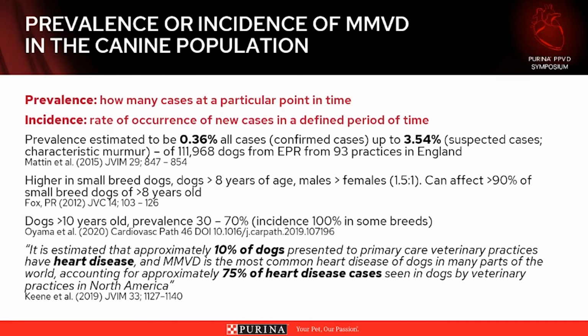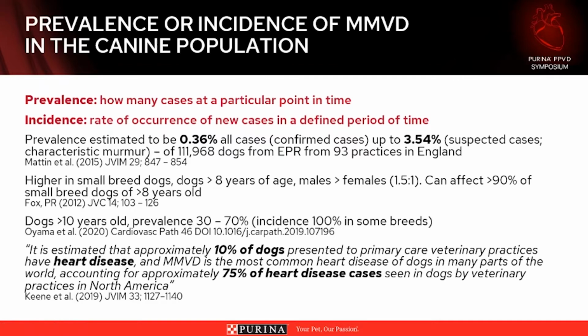So this is all ages with confirmed cases, but going up, cases with characteristic heart murmurs were 3.5%. So clearly we all are aware that this is more common in small breed dogs, and it's more common in older dogs, and there's a slight male overrepresentation. So if you have an older dog over 8 or 10 years old, the prevalence can be 90%, even over 100% in some breeds like the Cavalier.